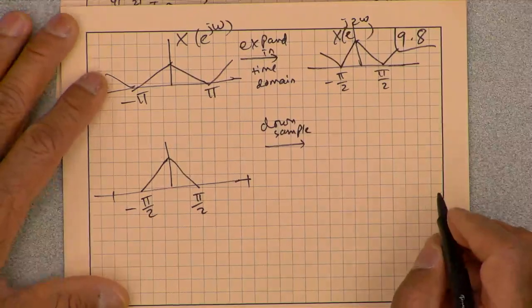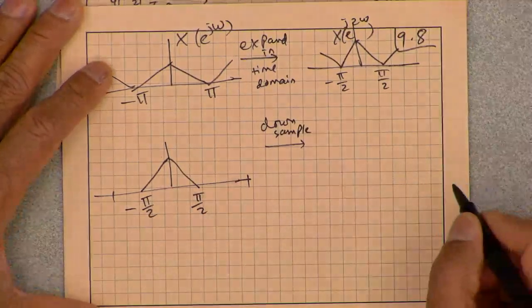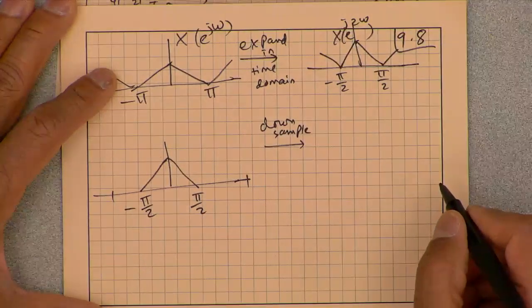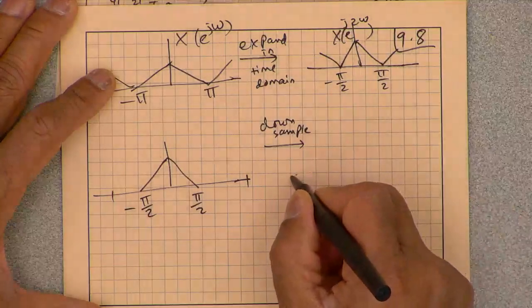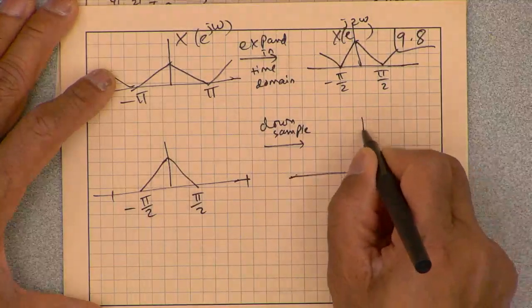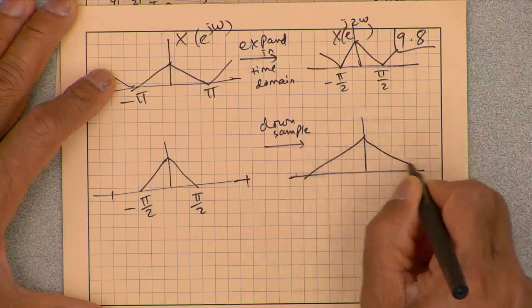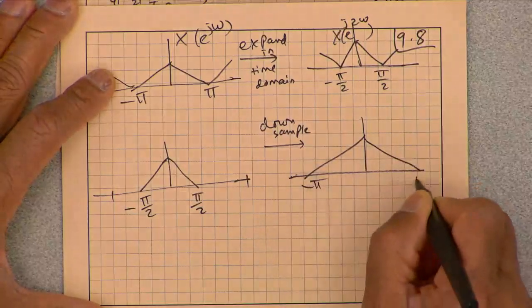Downsample in the time domain, or compress in the time domain, then expand in the frequency domain. So this expands to minus pi to pi.